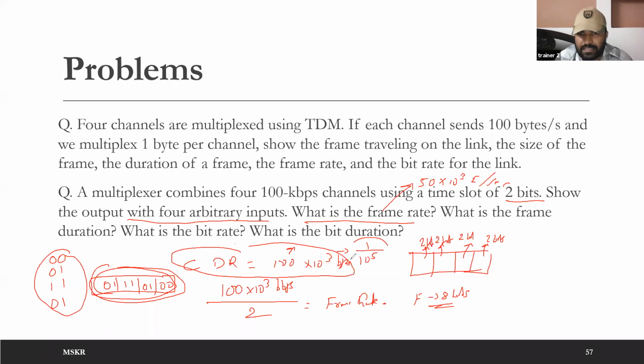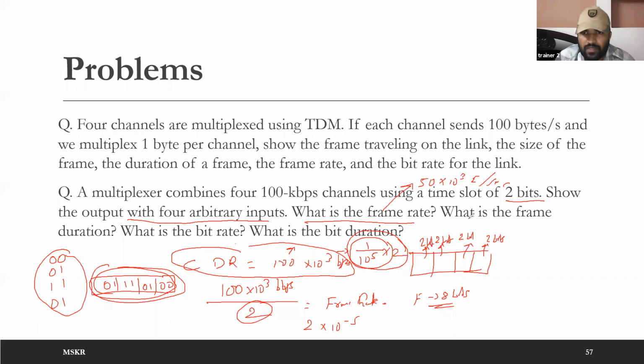So this is 1 bit. How many bits are there in each frame? 2 bits. So into 2. So the frame duration is 2 into 1 by 10 power 5, which is 2 into 10 power minus 5 seconds. That is 20 microseconds.